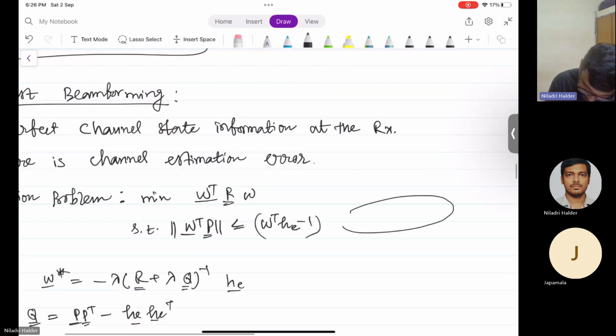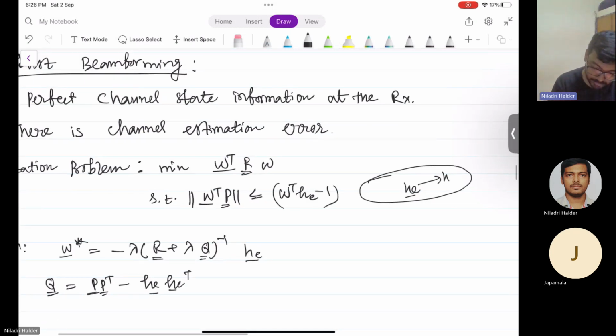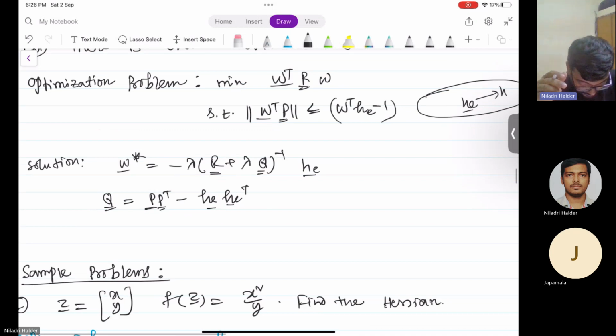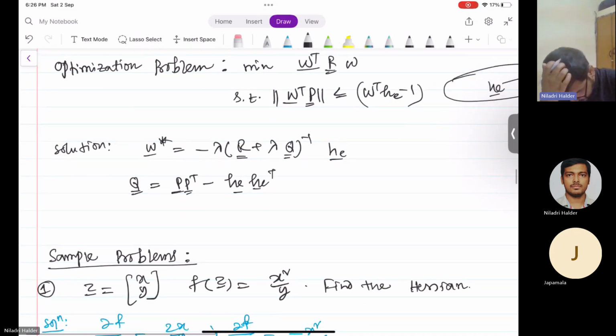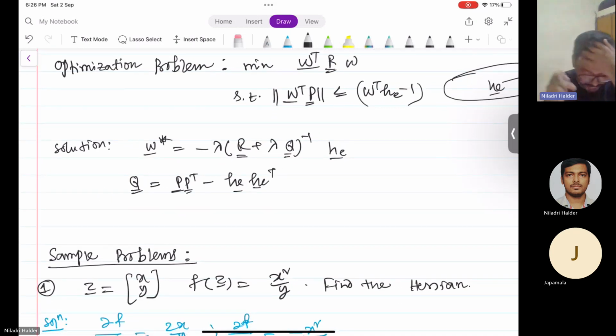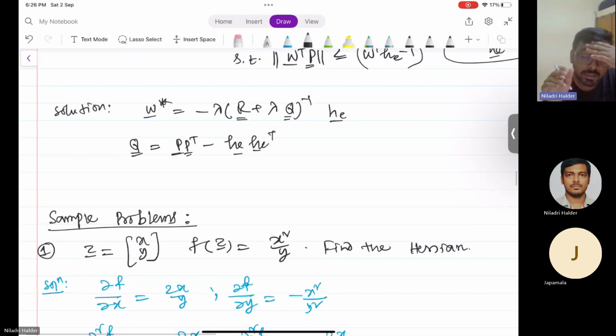This ellipse is around the channel estimation H, and the actual channel is situated somewhere inside it. So from that ellipsoidal concept, the solution is W star equal to this. The whole derivation is there in the class.